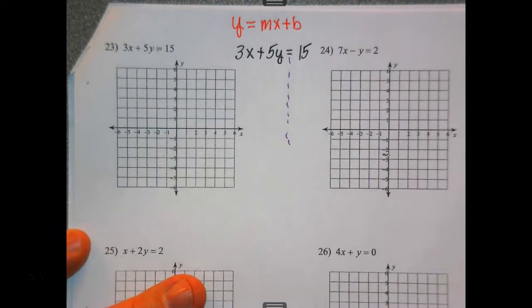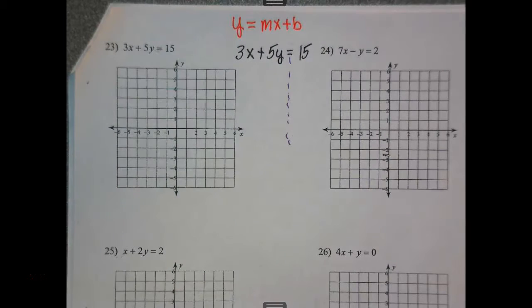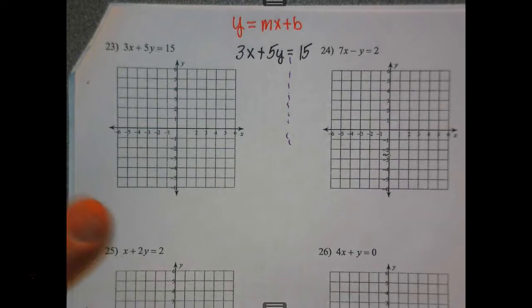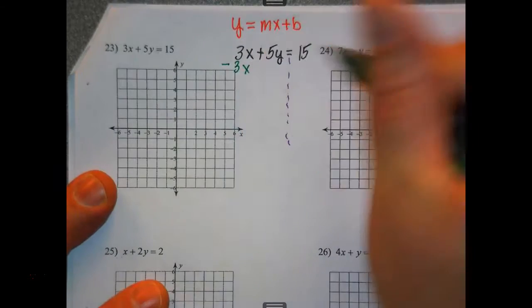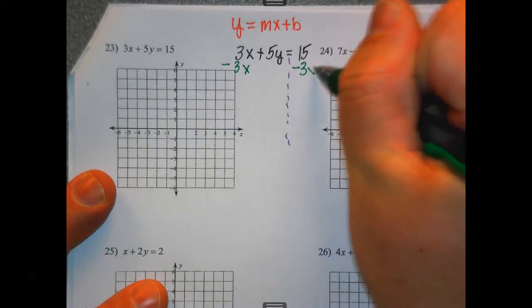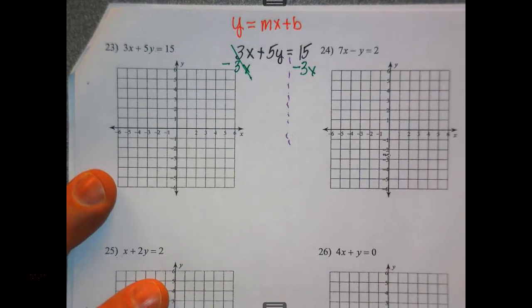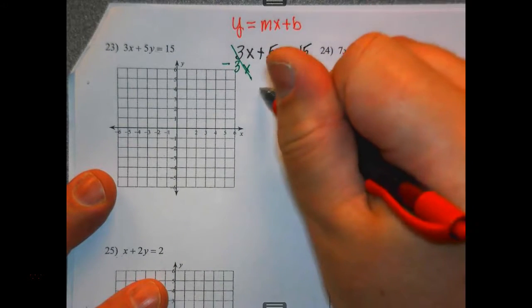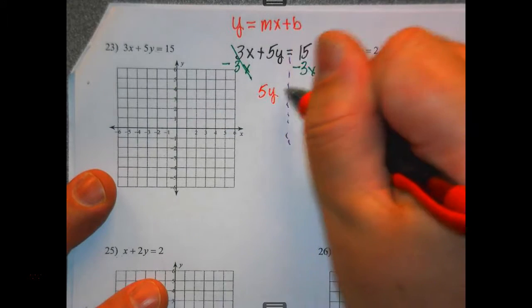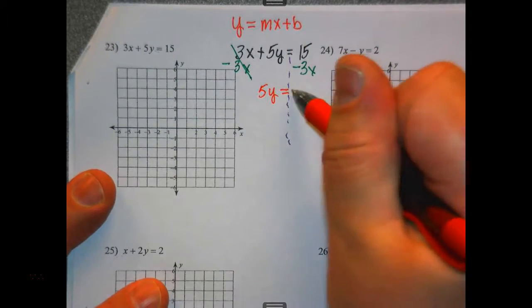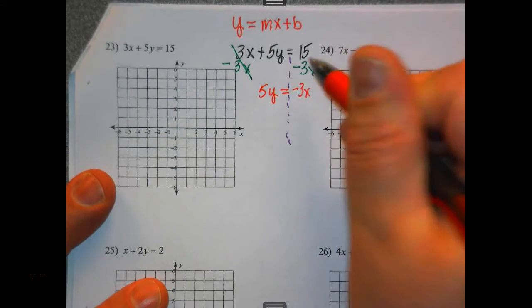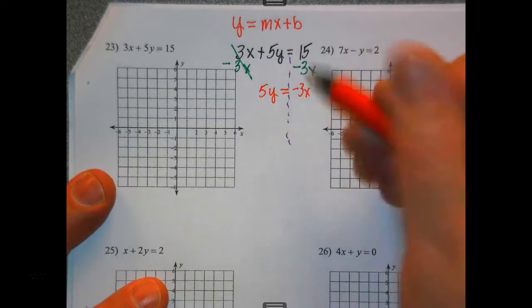First thing I want to do is what? Yep, subtract 3x from both sides. So I get 5y equals, and again, I'm going to put my -3x first. And then I have a plus 15.